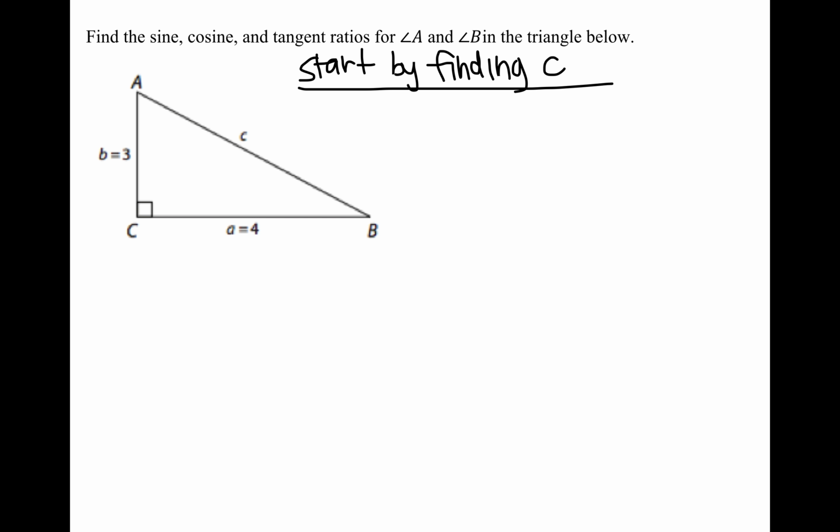Fortunately for us, a, b, and c are labeled the same way as they are in the Pythagorean theorem. So we don't need to worry about making sure that we've got a, b, and c in the right spot.